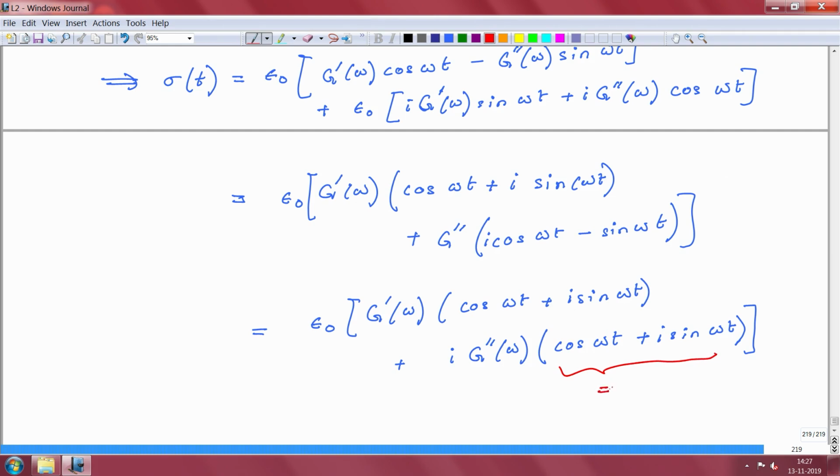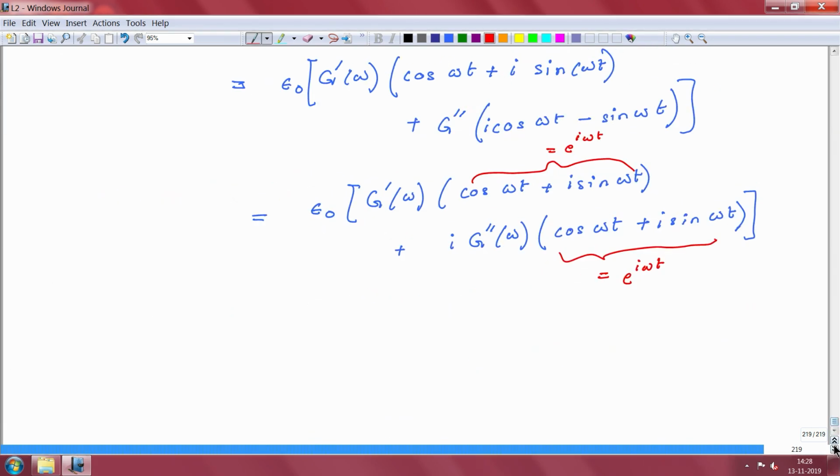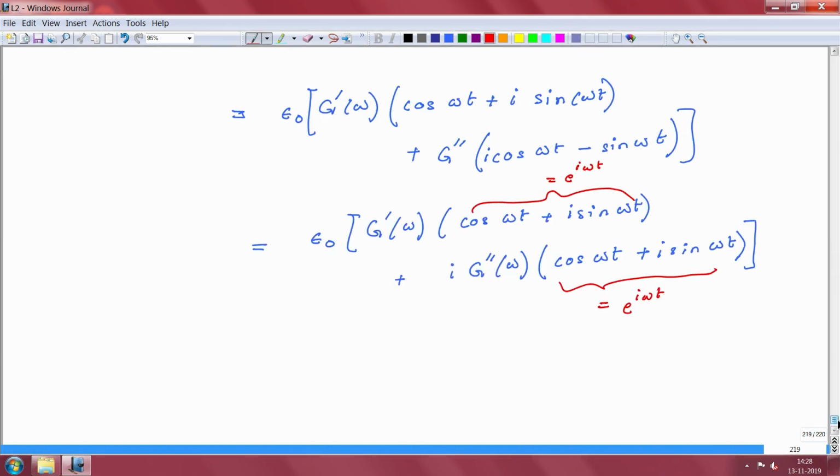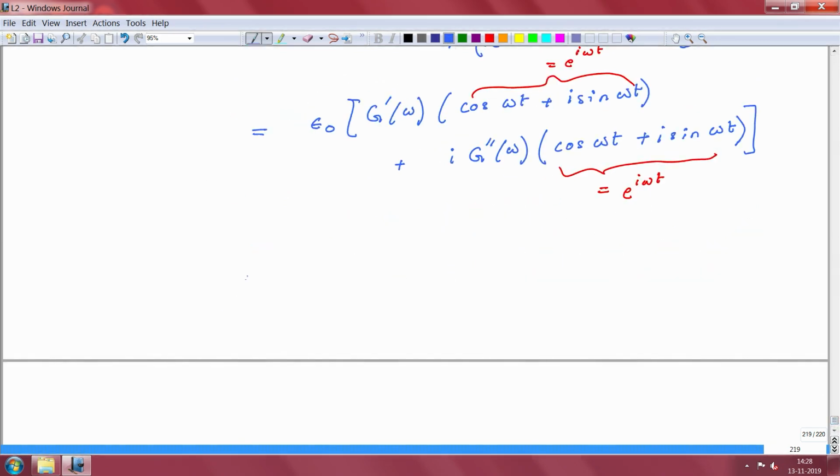This is equal to e to the power i omega t, and similarly this part is equal to e to the power i omega t. So, I can simplify my case further by writing epsilon naught, this is now G dash of omega plus i times G double dash omega, e to the power i omega t.